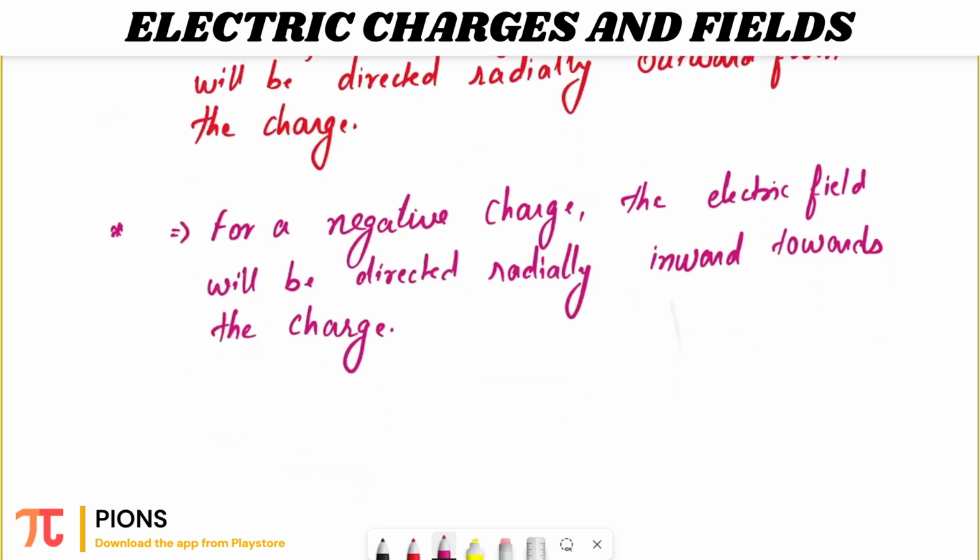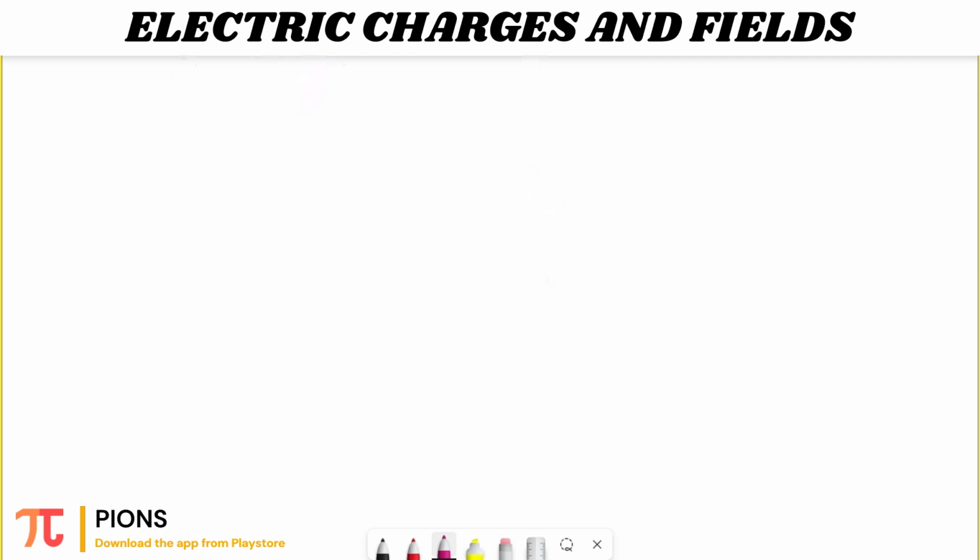Let's see now, how do we represent an electric field? The geometrical representation of electric field is known as electric field lines. Sir, what are electric field lines?